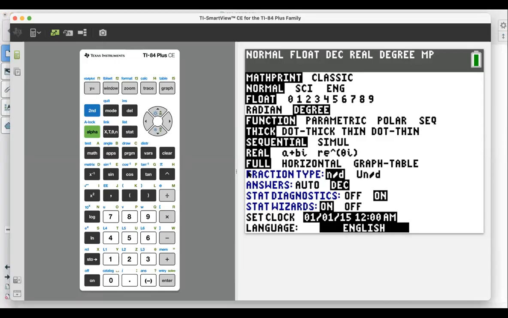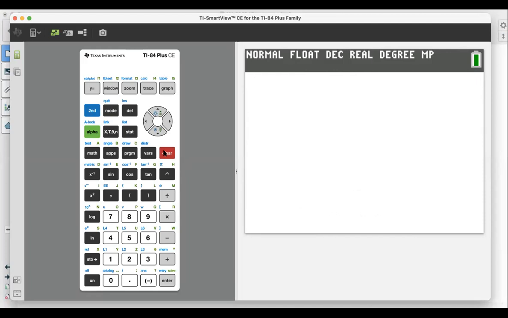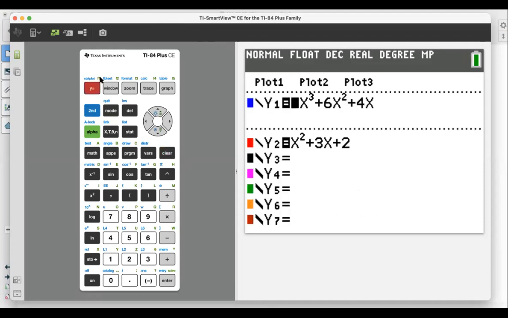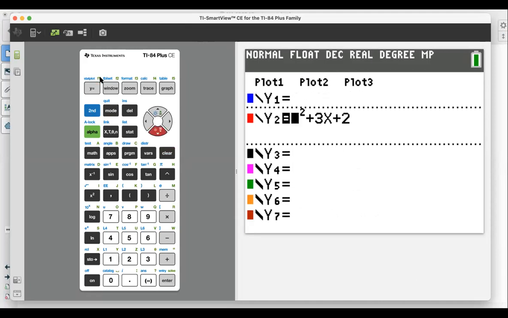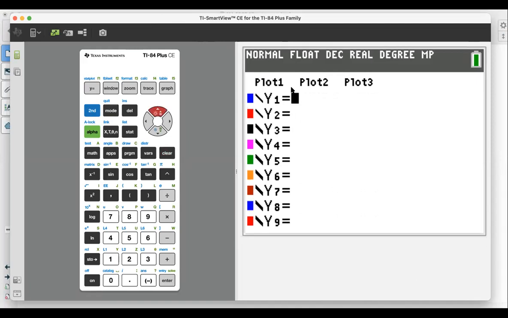Okay, so in order for me to do that, I can type everything onto this screen. It is possible for me to type everything onto my screen here, but it might be too chaotic for me to calculate. So what I'm going to do is put the functions in the y equals section. Once again, I get to the y equals section by clicking on y equals.